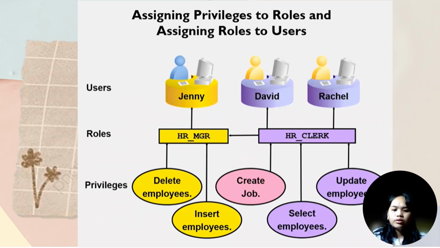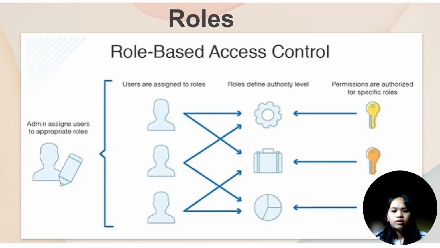Jenny has the privileges to delete employees or insert employees, while David has the privileges to create a job, select employees, and update employees, as does Rachel. This is role-based access control: the admin assigns privileges to roles, and users are assigned to roles.